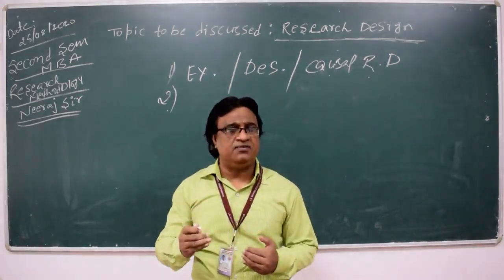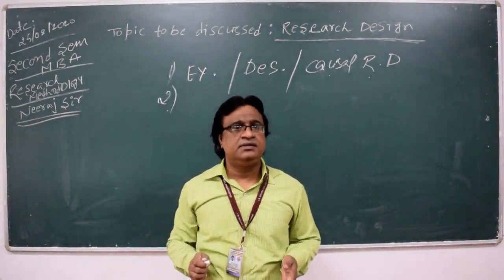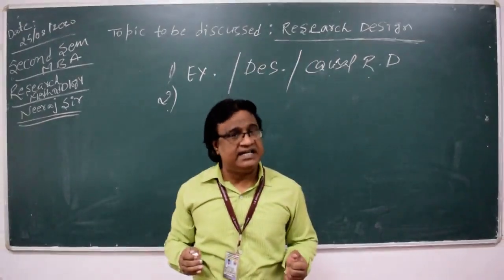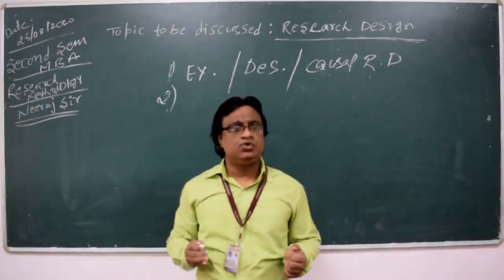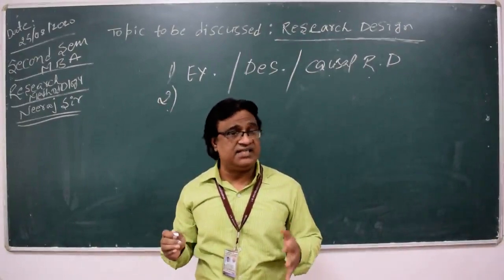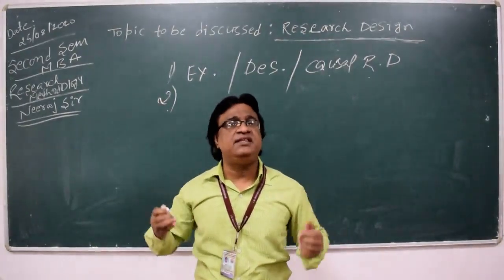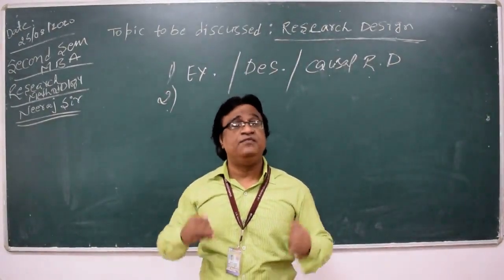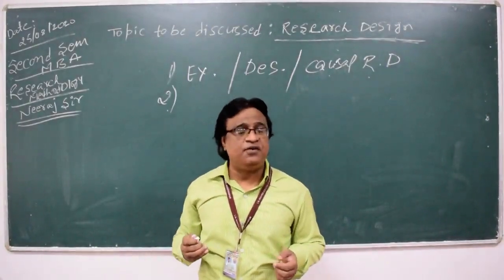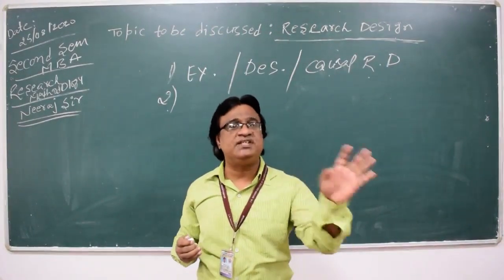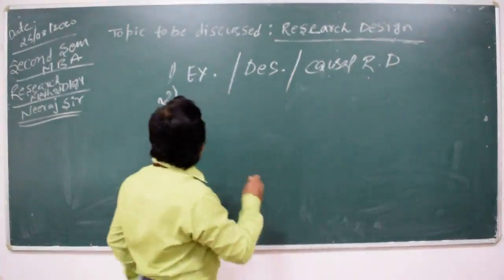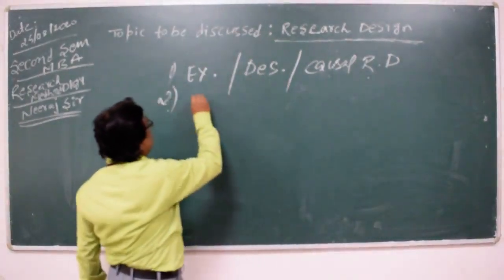What kind of data? We have to define the information needed, the data needed. So at this step, we talk about the type of information and sources of information. So let me write down over here: data sources.